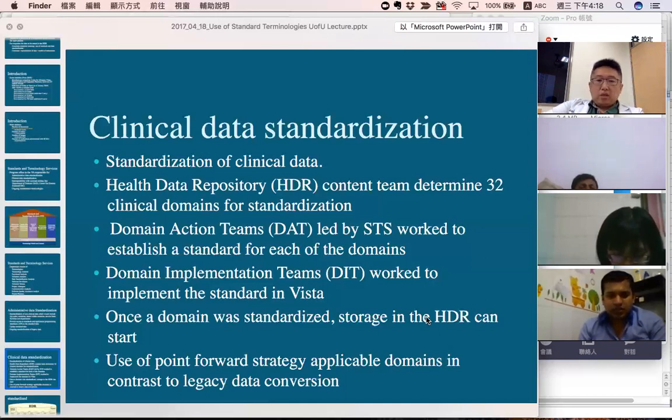The HDR, or the centralized repository, needs to fetch the data containing those 15 data elements to support his clinical decision support system.